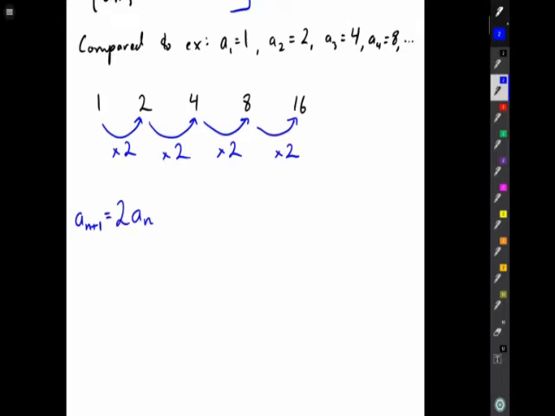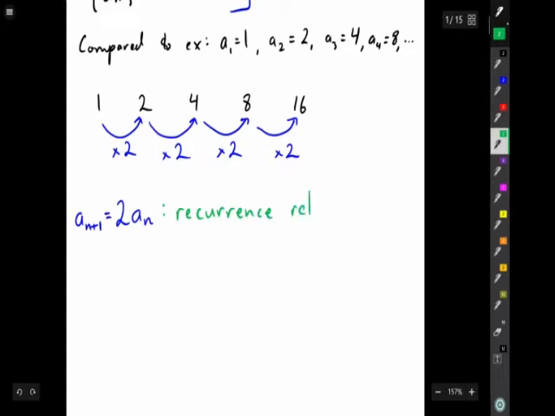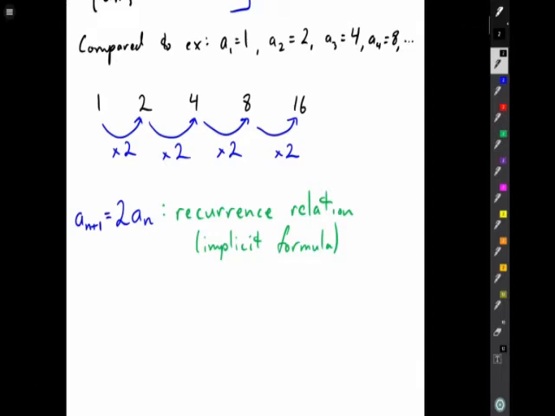This right here is called a recurrence relation. It's also called an implicit formula. Now, the implicit formula does require you to specify some information.